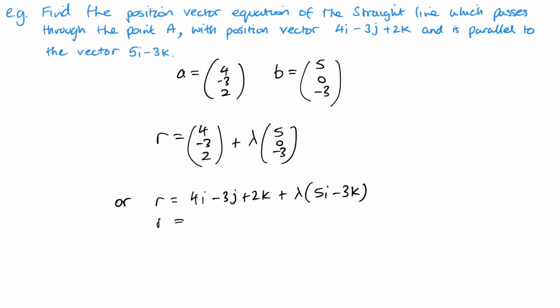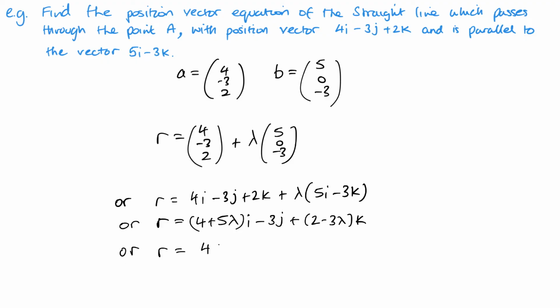Again, another way is I could expand them and put the i's together. So 4 plus 5 lambda i minus 3j plus, we get 2 minus 3 lambda k. And then finally, I could put it all together in a column vector.